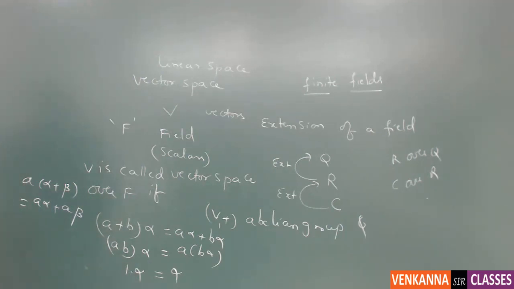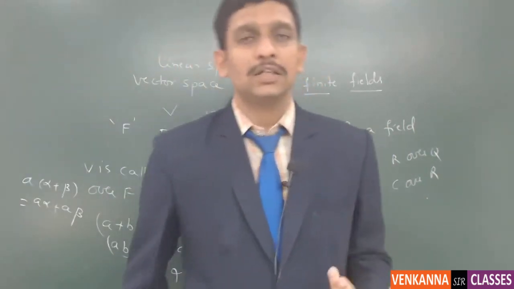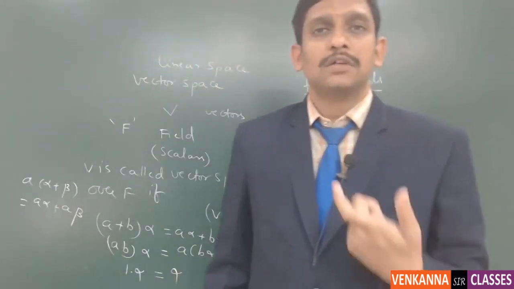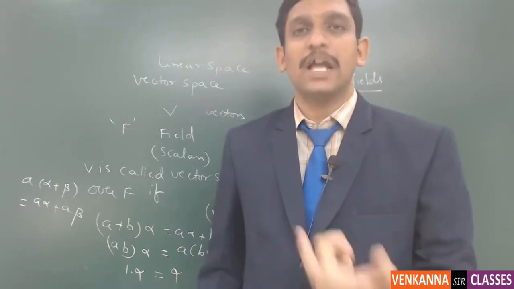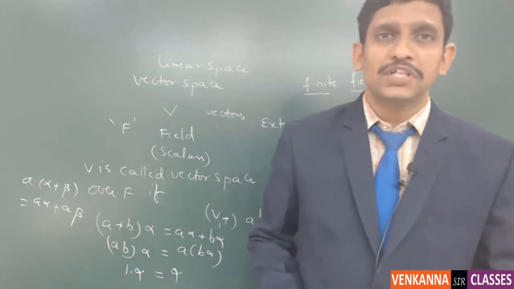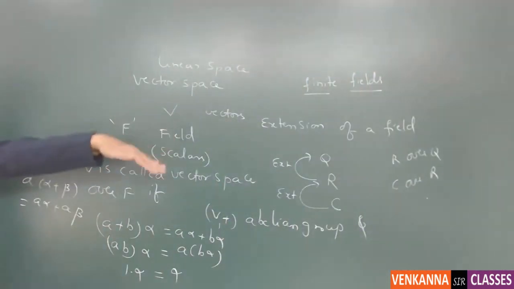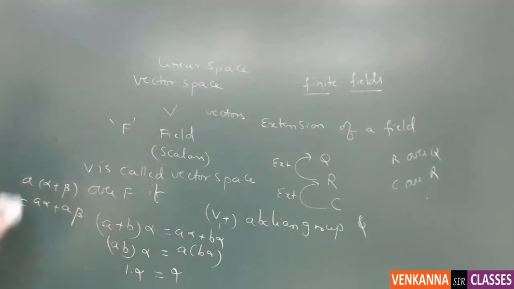Are you clear? While taking the context of vector space, we deal with two more things: we have a word basis, we have a word dimension, right? So let us retake the definitions one more time, then we can understand this concept of extension in a clear way.